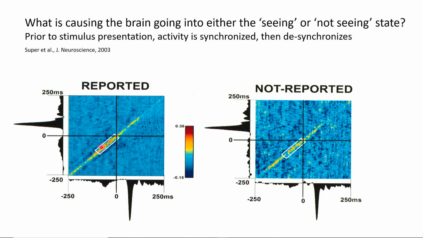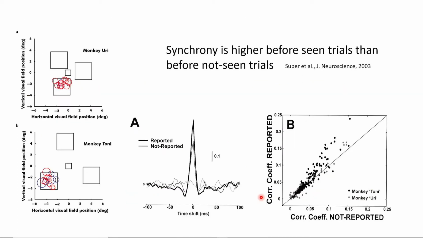But this synchronous activity is high for reported ones and lower for not reported trials. Which is also shown here. So correlation coefficients, this is cross-correlograms, are generally higher for the reported cases than for the not reported cases.